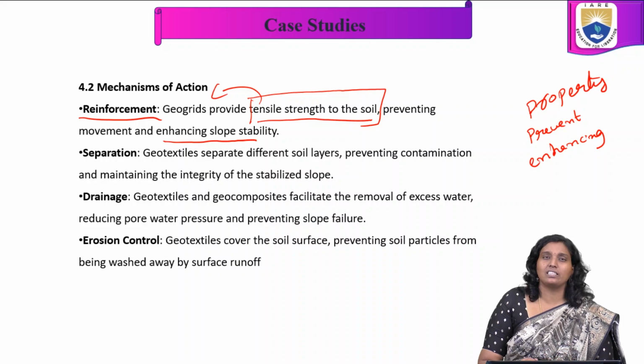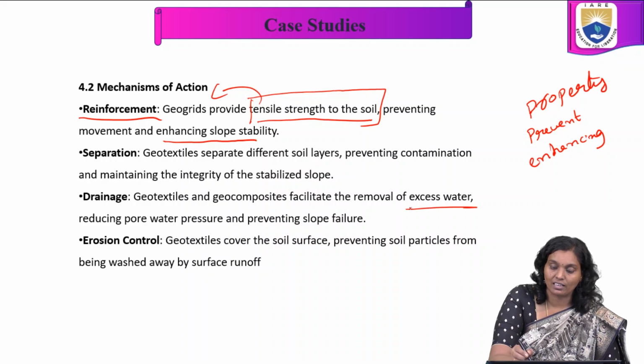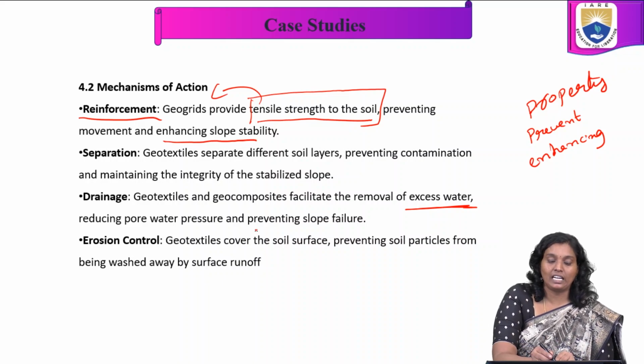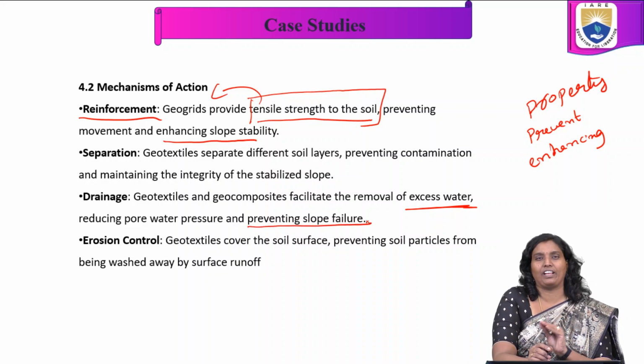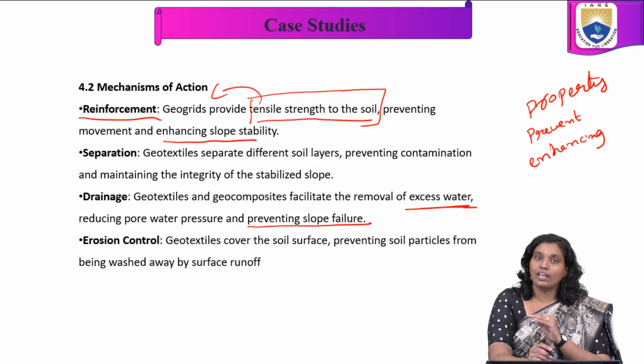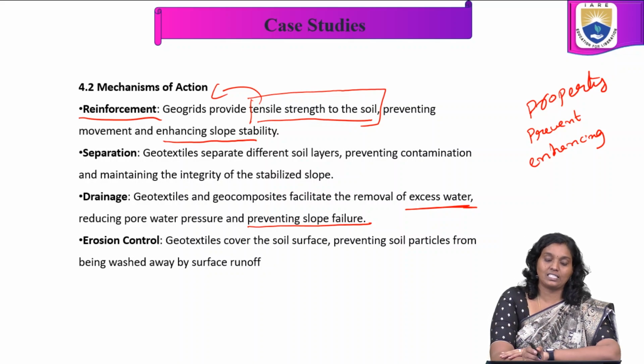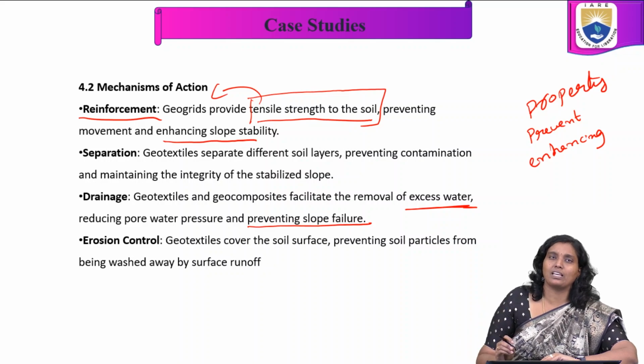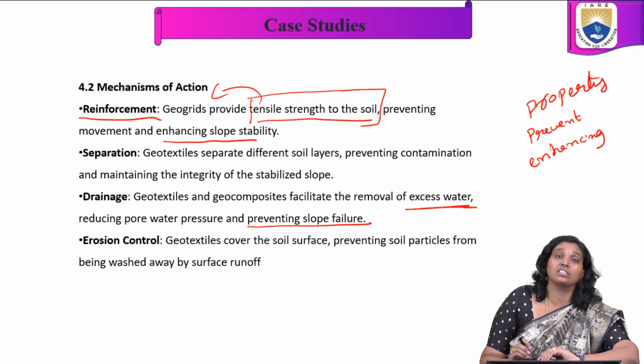In drainage, geotextiles and geocomposites facilitate the removal of excess water, reducing the pore water pressure, which helps prevent slope failure. In erosion control, geotextiles cover the soil surface, preventing soil particles from being washed away by surface runoff.